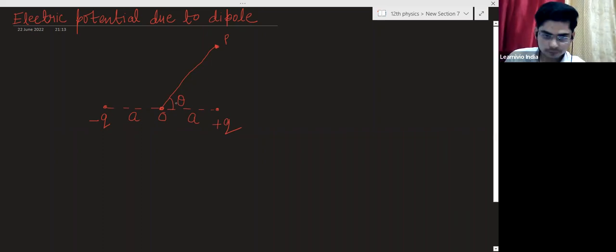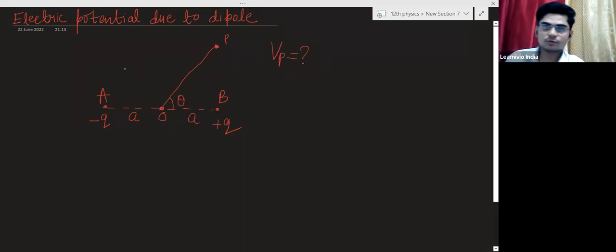So this OP makes an angle theta with this line. We can consider the location of one charge at A and the other at B. We have to calculate the value of potential at point P. This is our problem, and we have to find the solution.